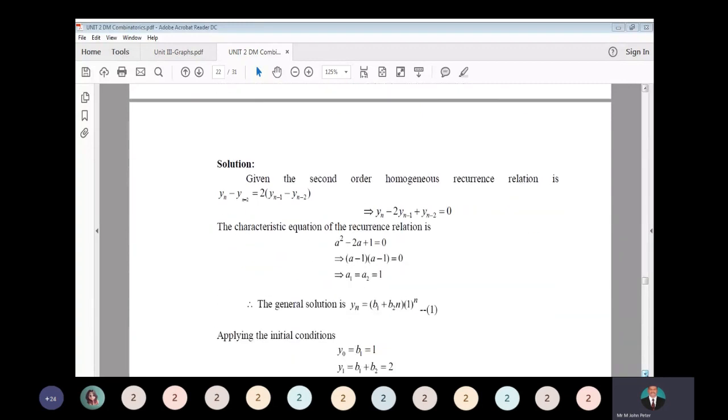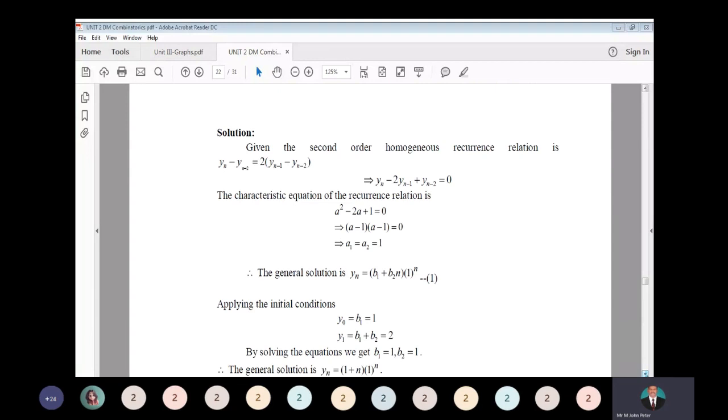For the given second order homogeneous equation, take all the values to the left hand side and make the equation: y n plus 2 minus 2 y n plus 1 plus y n equal to 0. The characteristic equation of the recurrence relation: this one is a second degree equation, second order equation, so a square minus 2a plus 1.